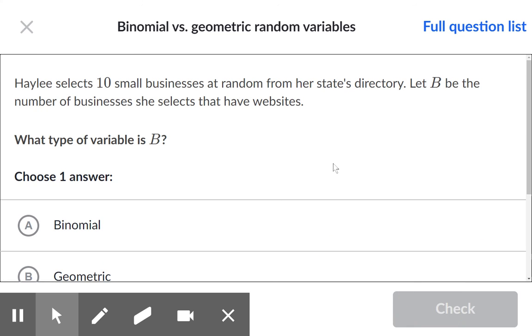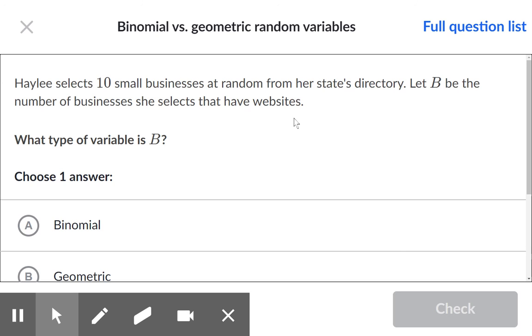Haley selects 10 small businesses at random from a state's directory. Let B be the number of businesses she selects that have websites. It sounds like it's independent.